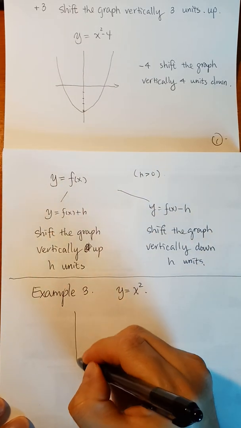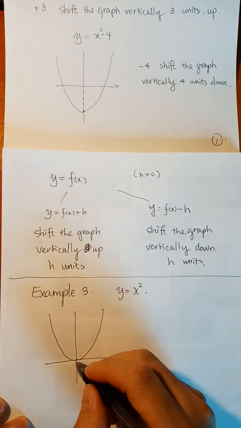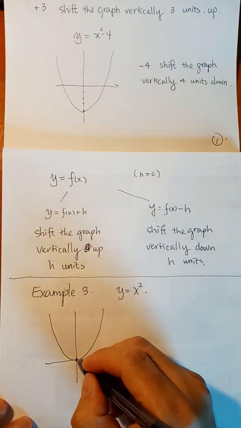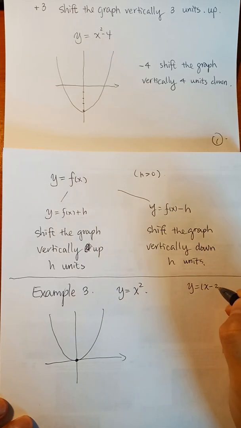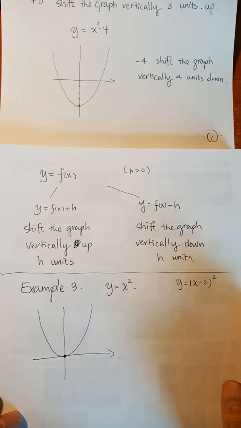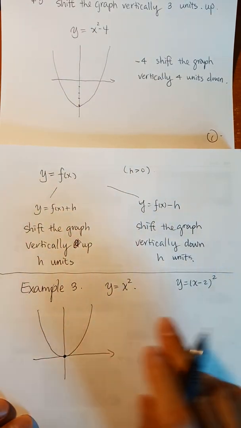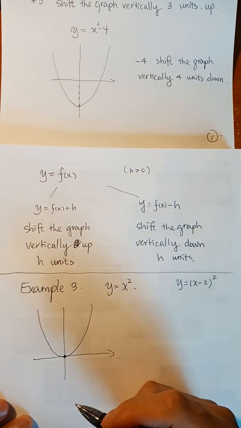You see, originally it's at this point. The graph is like this. I want to sketch the graph of (x minus 2) squared. So how do I know where I should shift? Should I shift to the right or should I shift to the left?